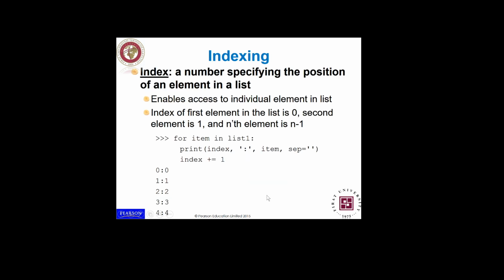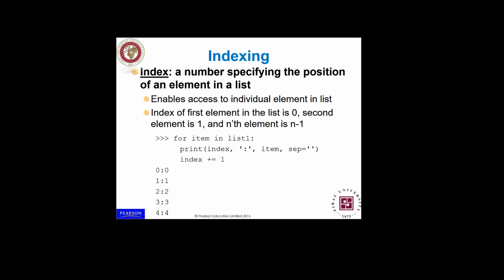All right, indexing. So how can we know which element is which? What determines that this is the first element, this is the second element, and so on? It's something we call index. An index is an offset from the beginning, or from the end. It determines the location of the element, or its offset, in other words.